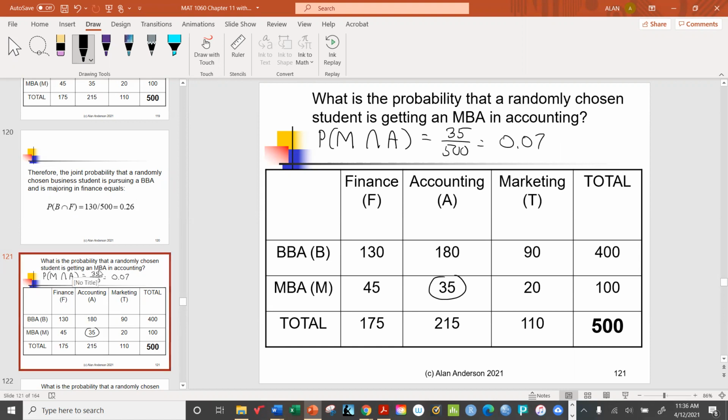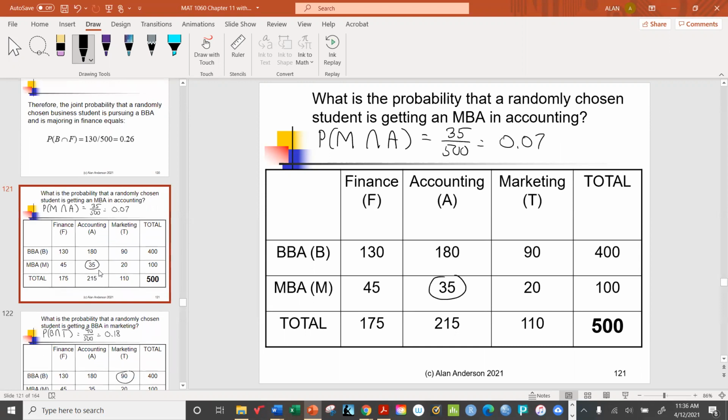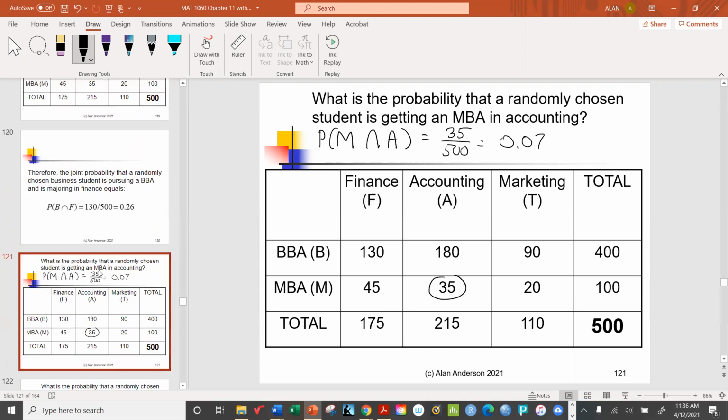All right, so here's your challenge. What is the probability that the person we've chosen is getting their bachelor's degree in marketing? How would you do that one?